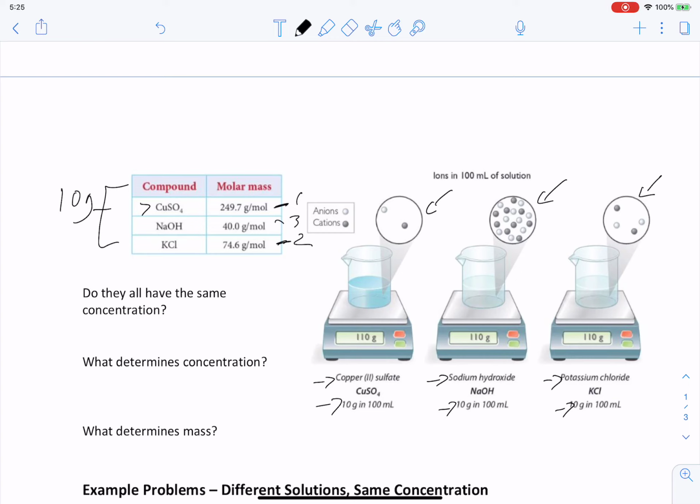So to get to 10 grams of sodium hydroxide means we have to put quite a bit more molecules or moles in there. So if we have more moles in there and the volume is the same between each substance, then the concentration for sodium hydroxide is going to be the greatest.